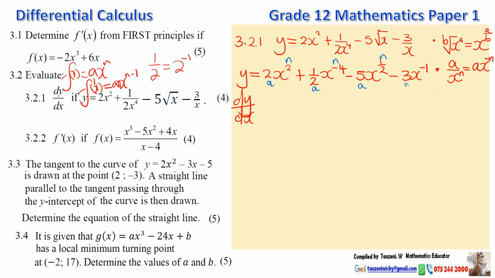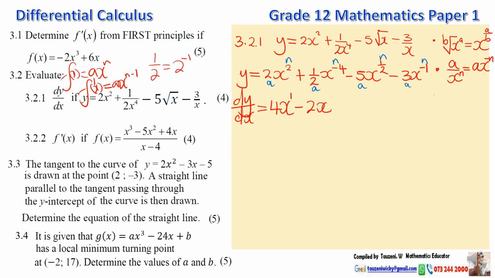A coefficient and exponent. Then to now complete our answer, the answer is exponent times coefficient. So that is 2 times 2, it gives us 4x. Then the new exponent is n minus 1. Then we carry on, minus 4 times half. We get minus 2x.